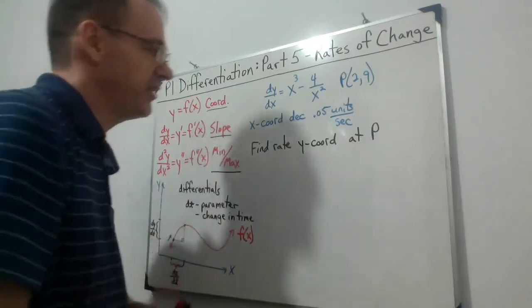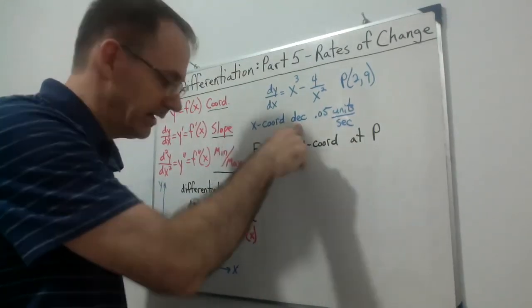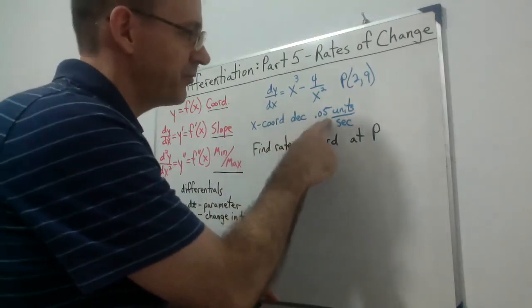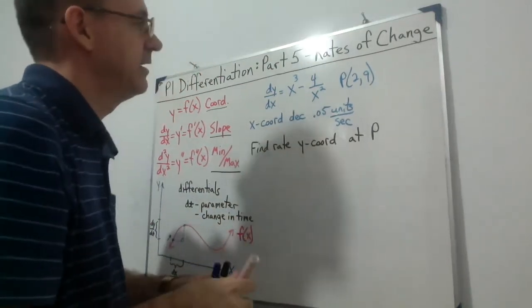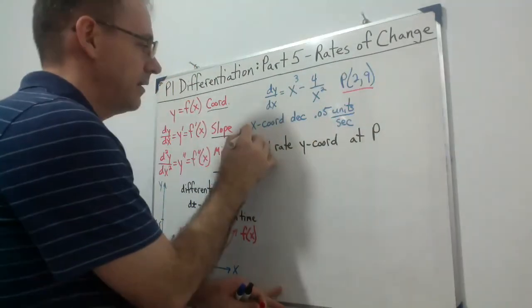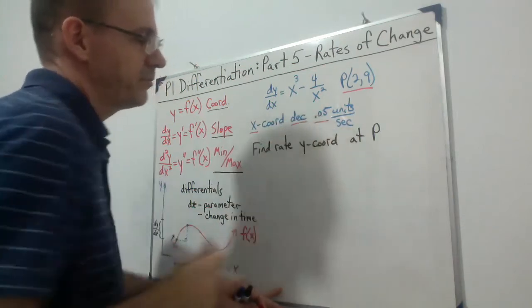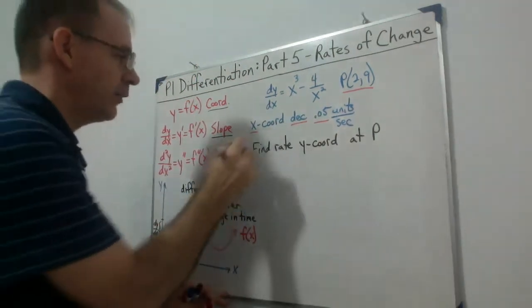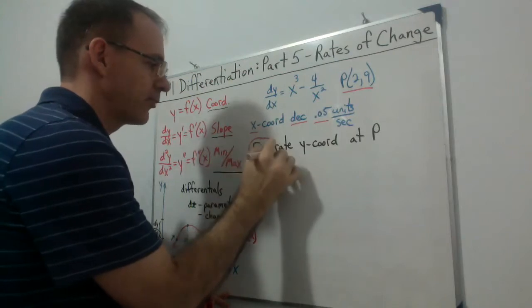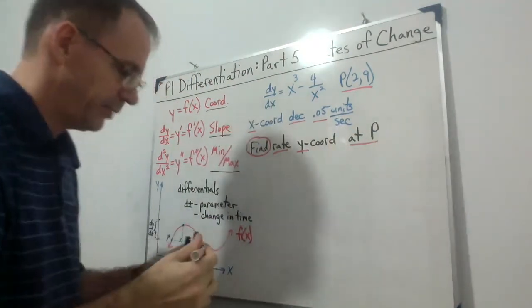And it tells us that the x coordinate is decreasing at a rate of 0.05 units per second. So here we have a point, our x value is decreasing at 0.05, and we want to find our rate for the y coordinate at P.